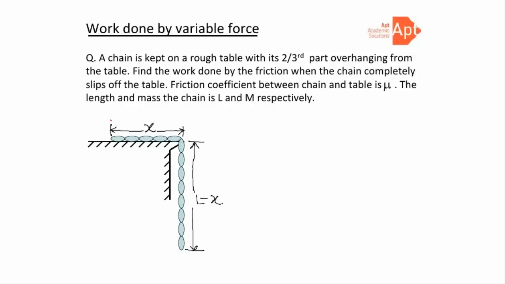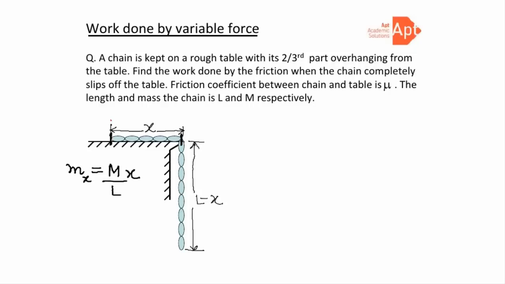So the mass of this x portion of the chain, let's call it mx, will be mass per unit length into x. This will be the mass of the chain which is left on the table.